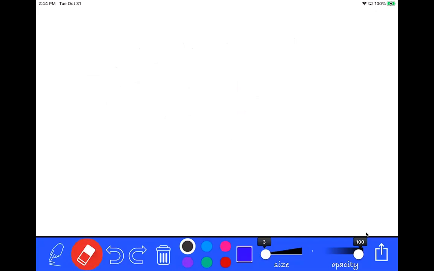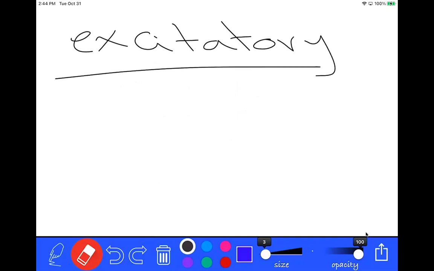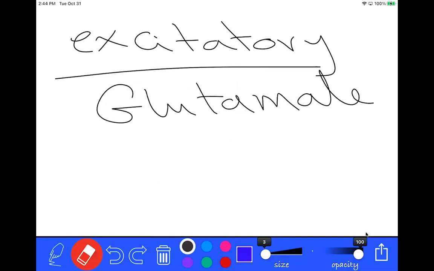And some neurotransmitters are always excitatory wherever they are released in the brain. An example of an excitatory neurotransmitter is glutamate. Glutamate, when it interacts with the NMDA receptors, always excites the postsynaptic neuron.